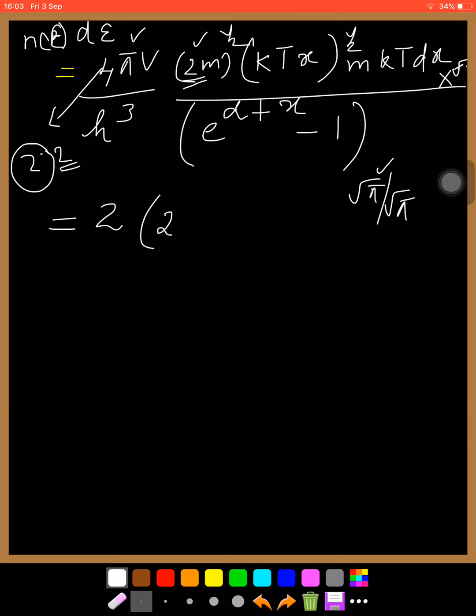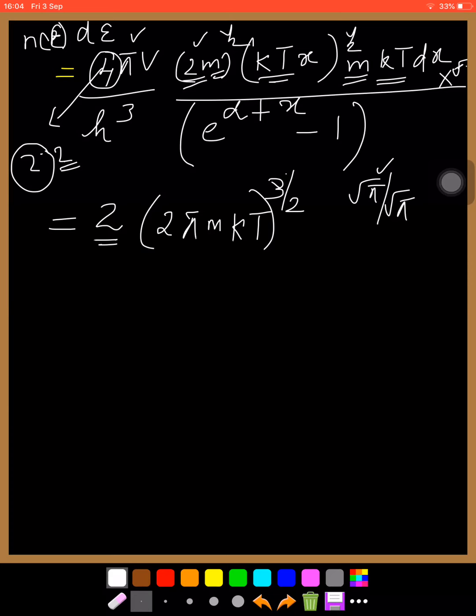So 2 pi, then kT raised to half and kT, that is kT raised to 3 by 2. And here m raised to half into m is m raised to 3 by 2. So we combined the terms with 3 by 2. Pi did not have 3 by 2 earlier; now we have introduced a root pi, root pi by root pi. And then 2 raised to half into a 2 from here, that is 2 raised to 3 by 2, and 2 is left.